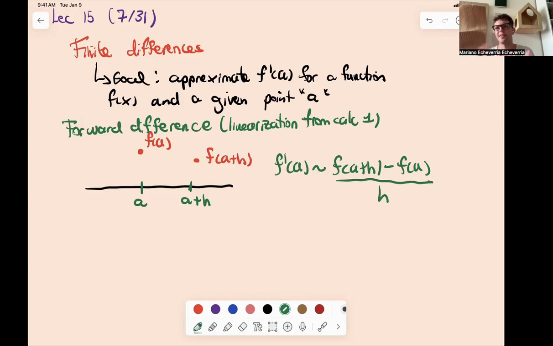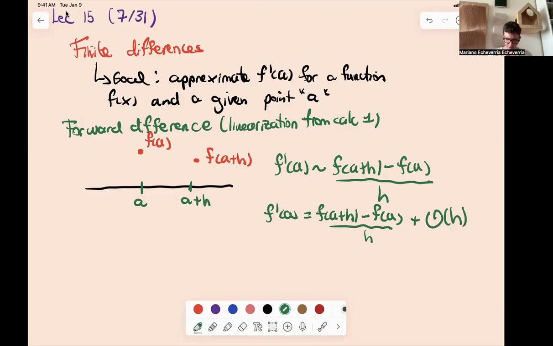The reason the big O notation is useful is that it's a little bit more precise, because it gives you an estimate of how much you're failing when you do this approximation. So the correct statement, if you wanted to see it as an equality, would be to say that f prime of a is f of a plus h minus f of a, divided by h, plus big O of h.